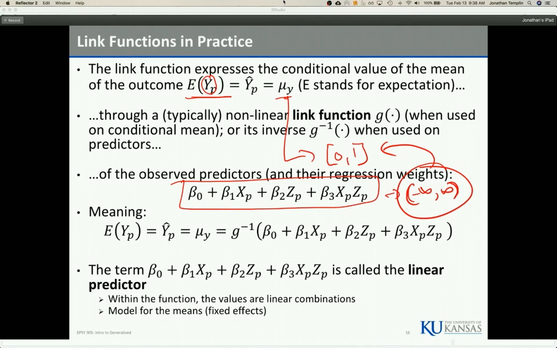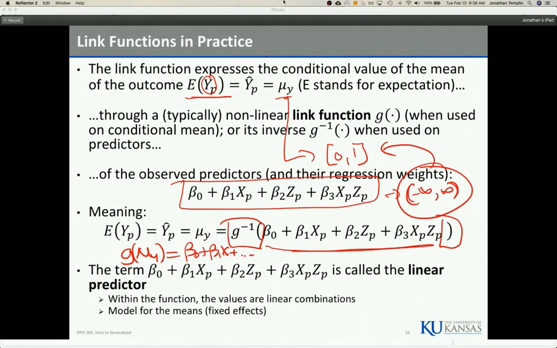So there's a function. This typically gets called the inverse link function if it's being applied to the predictors. But if it's applied to the mean, it's called the link function. So sometimes you see this as the opposite, which is g of mu of y equals beta 0 plus beta 1 x, plus and so on. So g is really a function of the mean.